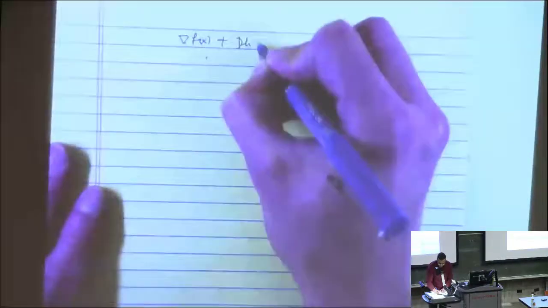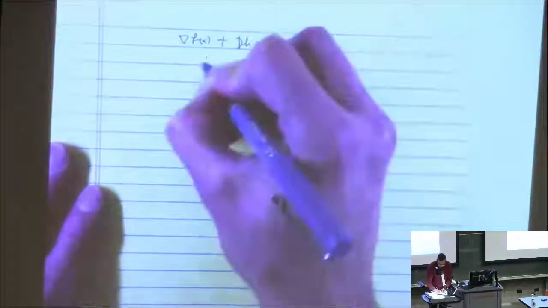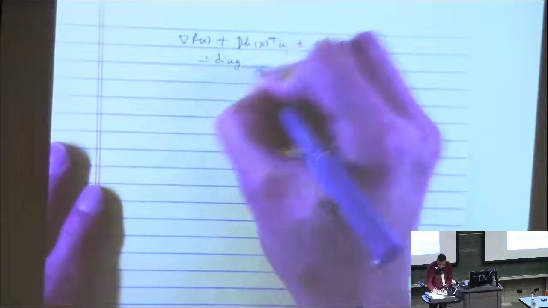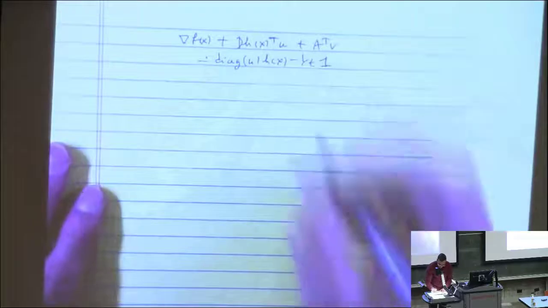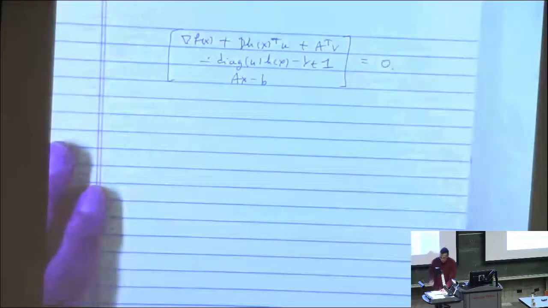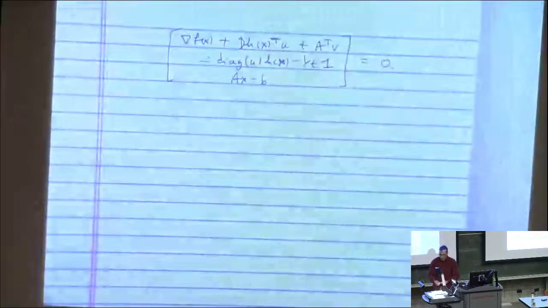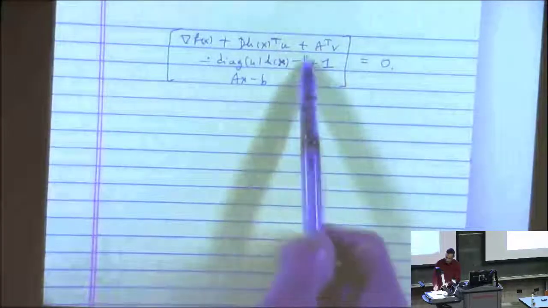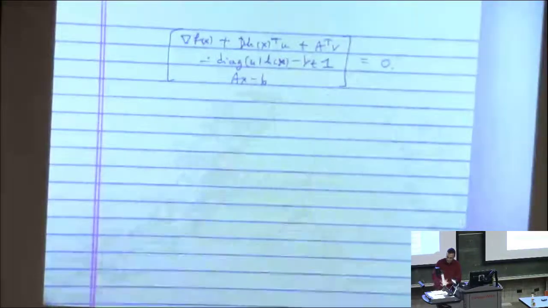Doesn't really matter, just in case it's confusing to you, I'll write it out here. So this is the nonlinear system that underlies the perturbed KKT conditions. And the KKT conditions themselves would actually replace this whole thing by 0. Right? I wouldn't have this minus 1 over t times the 1's vector. This would just be 0.